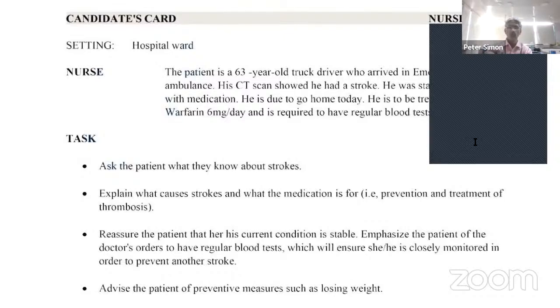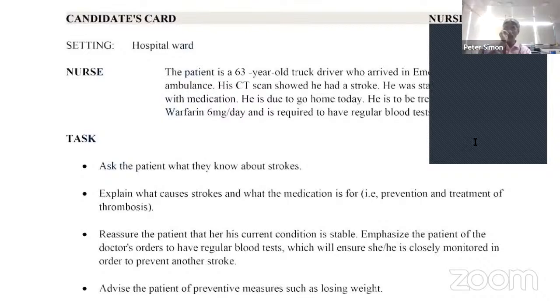Medication for treatment of thrombosis, and medication for prevention in the future. Present treatment and future prevention. Both of these things you have to talk about.